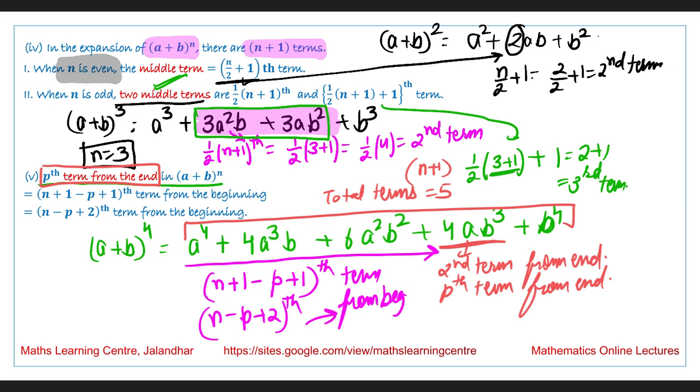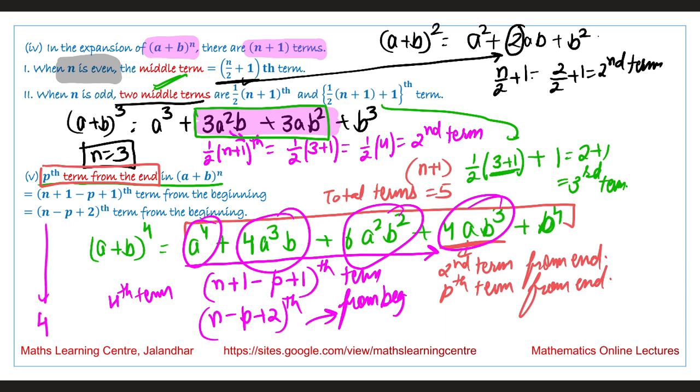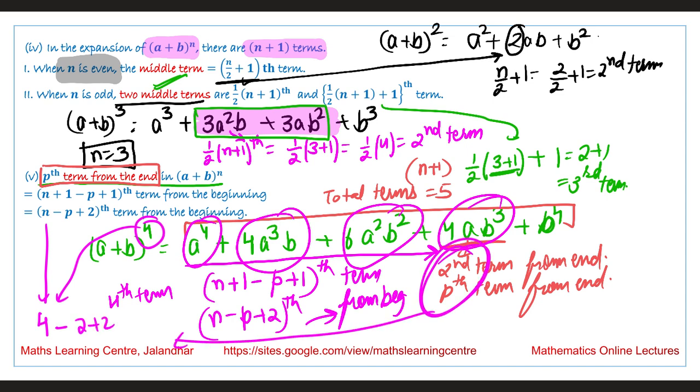If we look at this expansion, it is the 1st, 2nd, 3rd and 4th term from the beginning. The value of n in this case is 4, minus the value of p, which is 2, plus 2. So the answer we get is 4. So the second term from the end is the 4th term from the beginning.